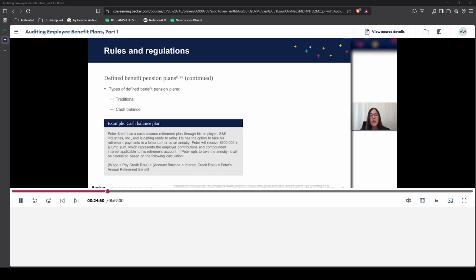If, however, Peter opts to take the annuity, it will be calculated based on this example: wage times pay credit rate plus the account balance times the interest credit rate. And then that will determine Peter's annual retirement benefit. But again, all of that will also depend on the language in the plan document.